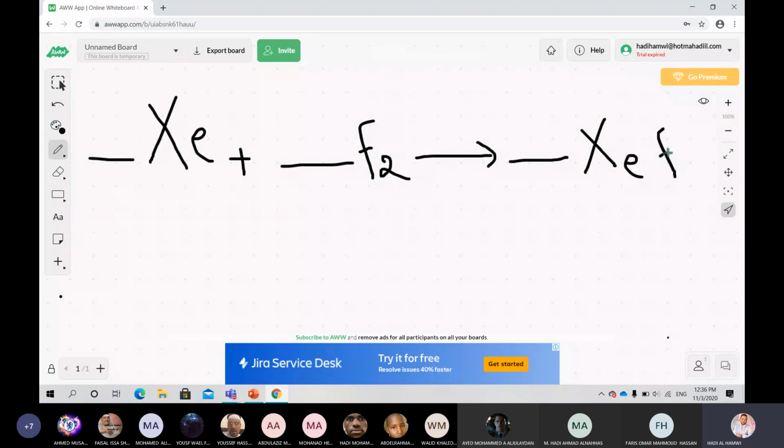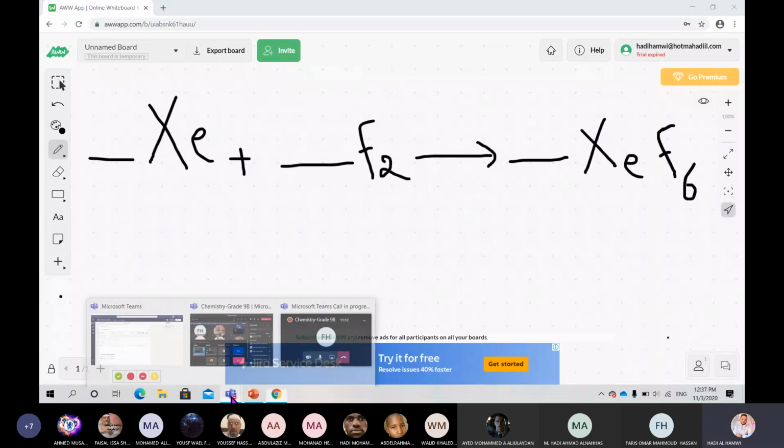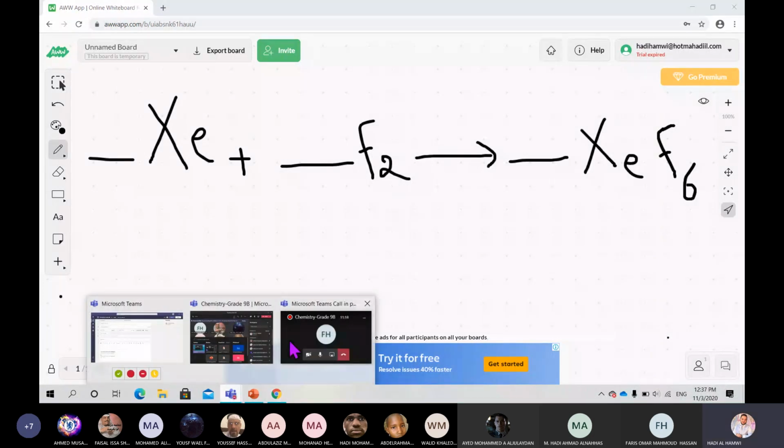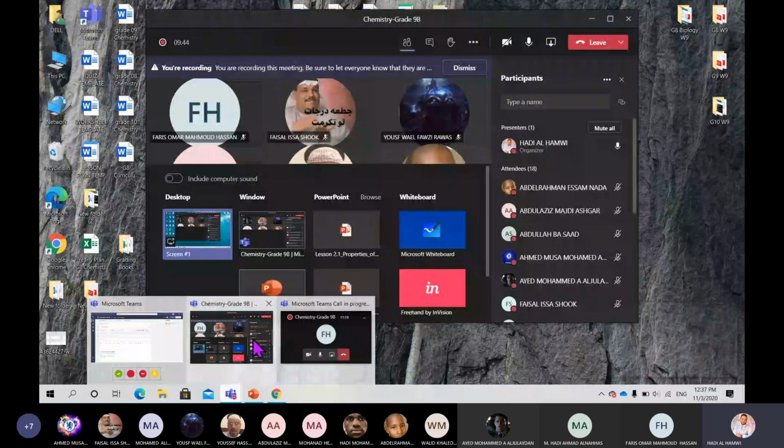I will give you 2 minutes to solve this balancing equation. So we balance this equation just by adding coefficients here on the dash, in order that the number of atoms in the reactants should be equal to the number of atoms in the products. Okay, start solving, please.